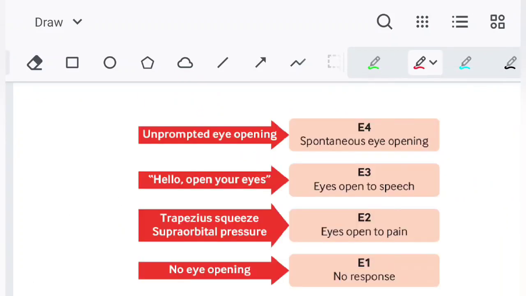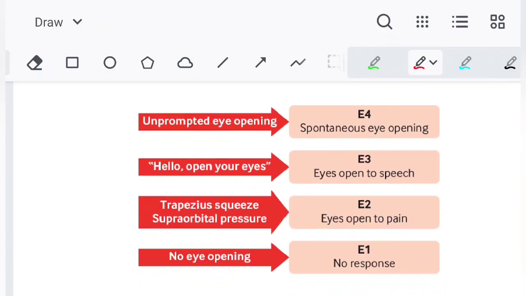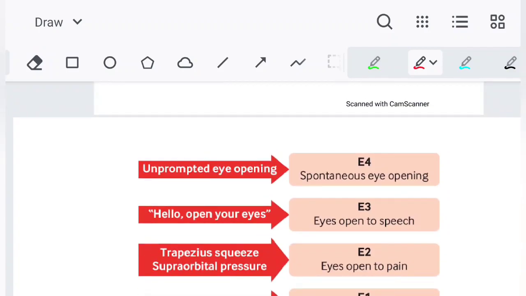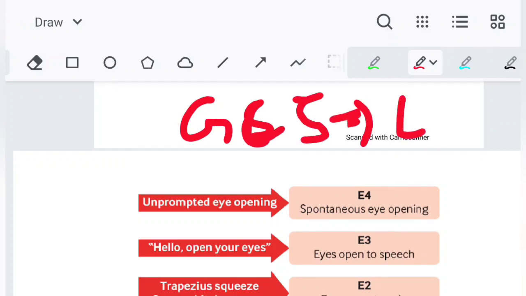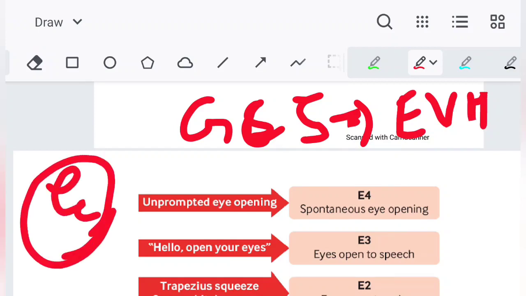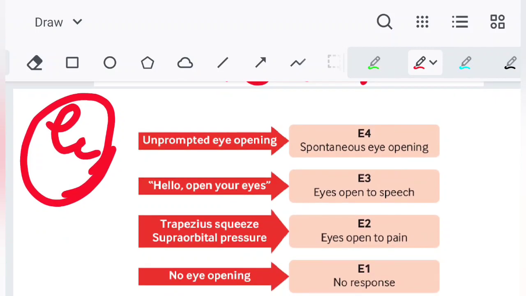Now let's see practically how we apply the GCS scale. So suppose a patient comes, we need to calculate the GCS score. Our components are E, V and M. First is E, the eye response, which we will see. Unprompted or spontaneous eye opening is there, so a score of 4.